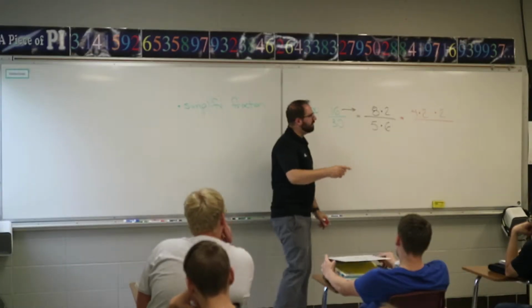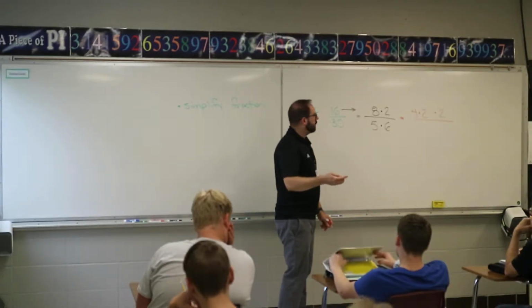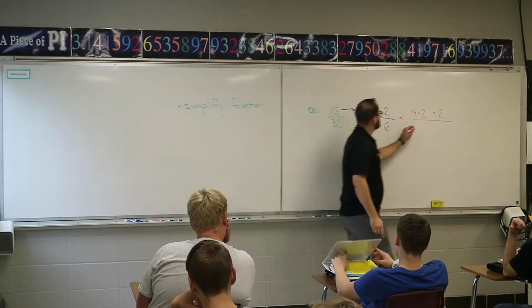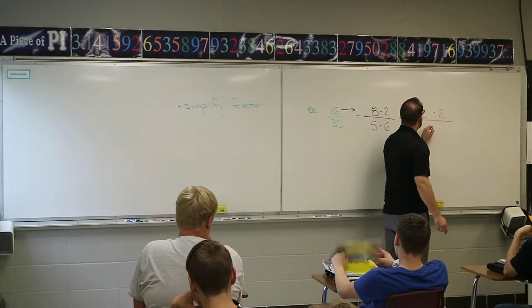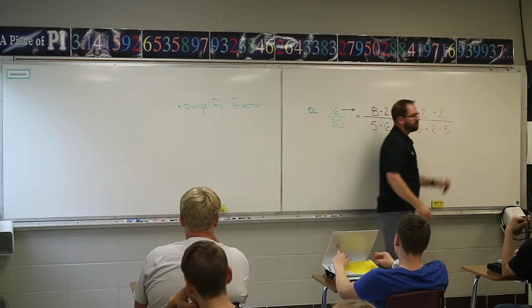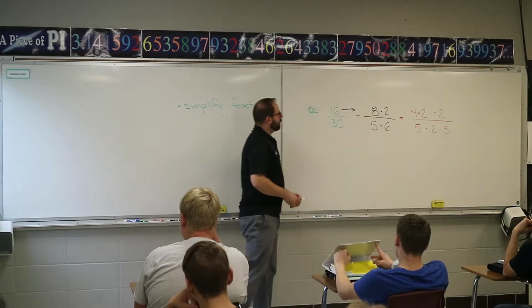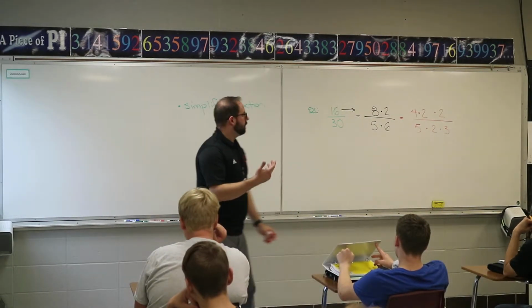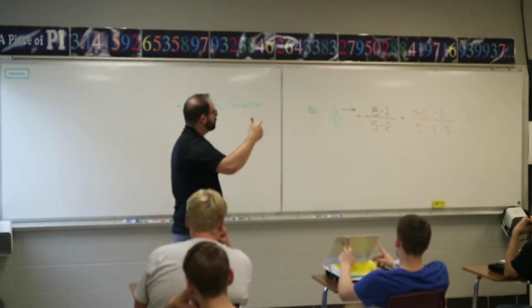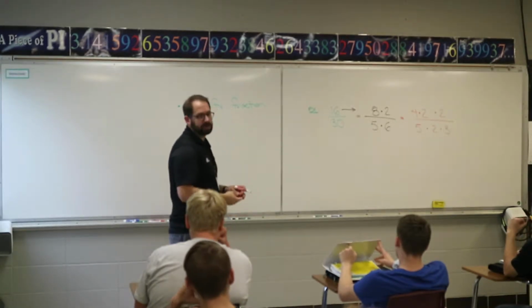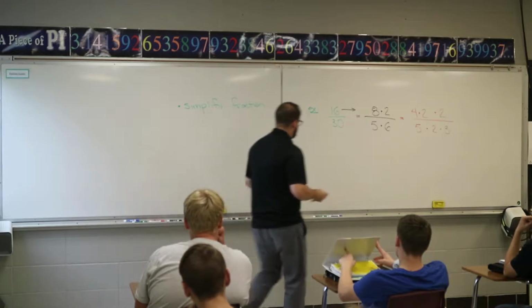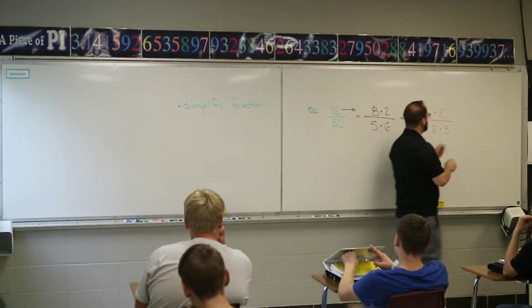What about the 5 and 6 on the bottom? 6 can split up. What can 6 split up into? Yeah, 2 and 3. 2 times 3 gives me 6. Okay, does that make sense so far? Yep. The last step on the top, I think I can split up the 4 one more time. 2 and 2.